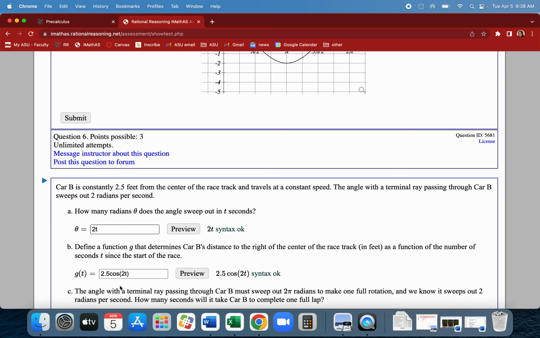So let me ask a couple of questions kind of like this. If it's traveling at 1 foot per second, how many radians per second is that?